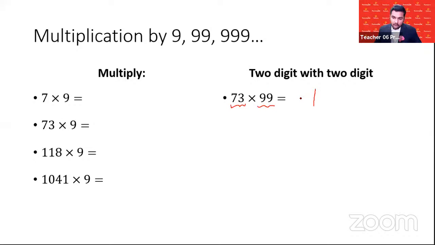You have to write one number on the right side and one number on the left side. So the number that you're going to write on the left side is 1 less than 73, which is 72. And the number that you're going to write on the right hand side is all from 9s and last from 10 corresponding to 73. What is that going to be? That is going to be 27. So the answer to 73 multiplied by 99 is 7227.